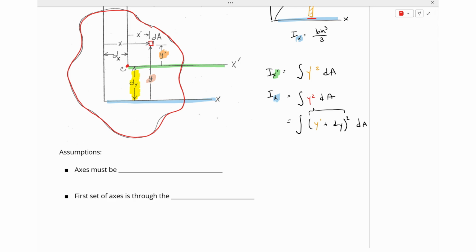If you continue to build this out, and I'm just going to bring it backwards a little bit so you can see it, and that squared term, if we work through that, what you're going to have is the integral of y prime squared times dA plus 2. After we pull that out, that's going to be dy times y prime.